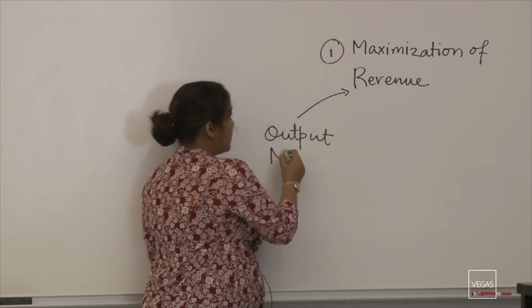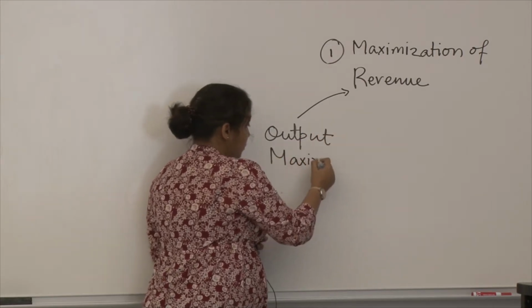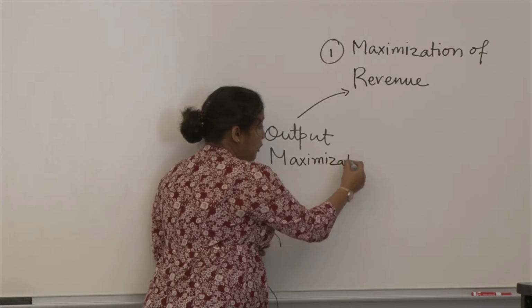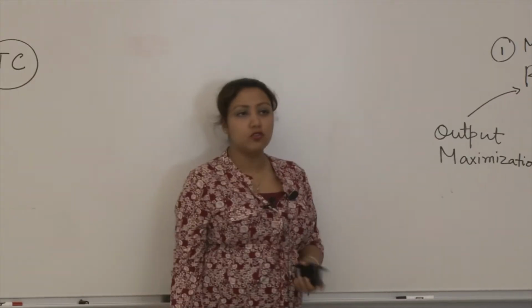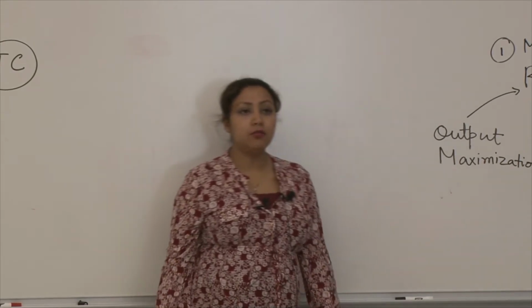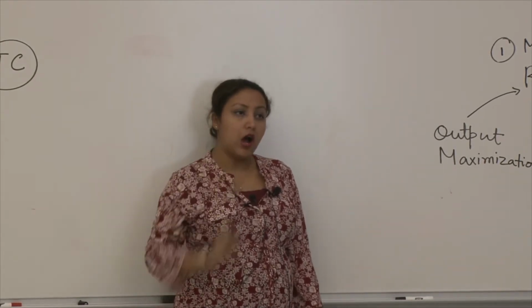So output maximization is kind of embedded in revenue maximization. If a business wants to maximize revenue, then it must maximize its output.